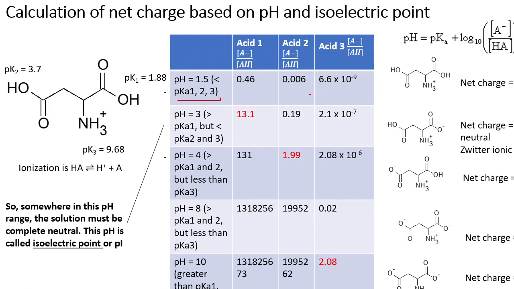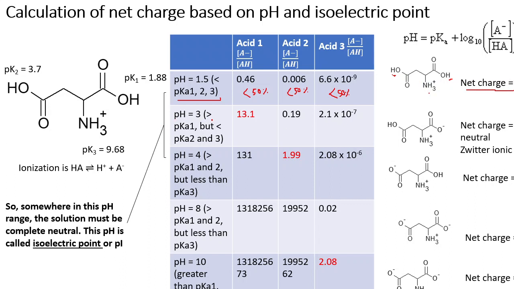So at pH 1.5, we know that none of them will ionize, so all three are less than 50%. So this is their structure. Well, this is not ionizing, this is not ionizing, this is not ionizing. So if you look at the net charge of this molecule, this is neutral, but this is +1, so net charge is +1.